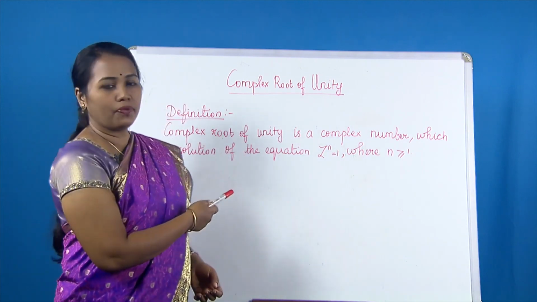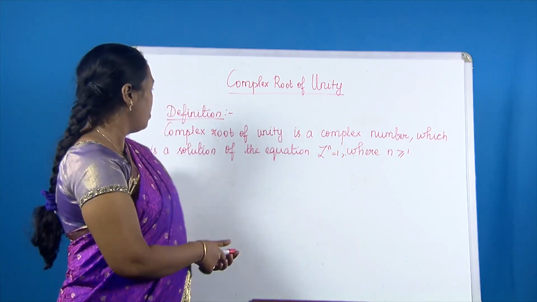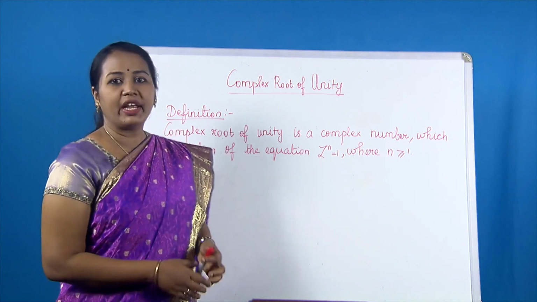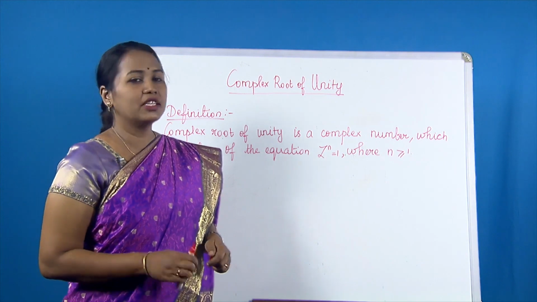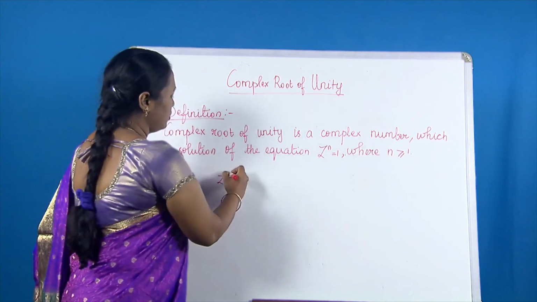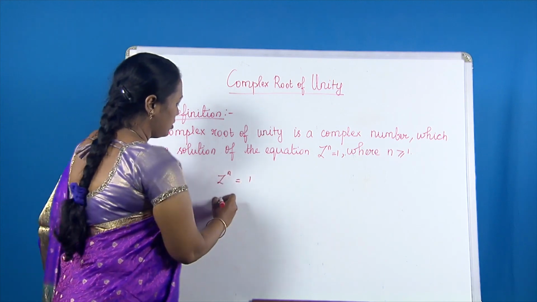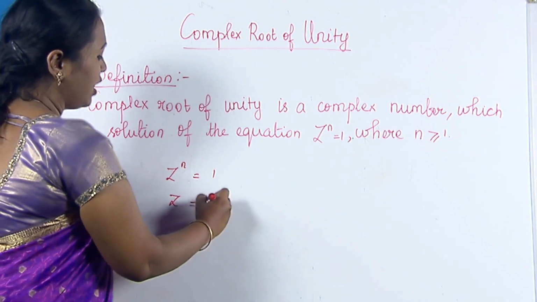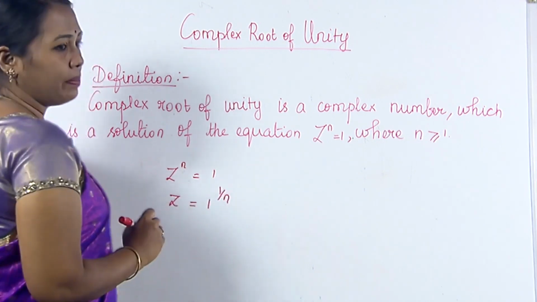The complex root of unity is a complex number which is a solution of the equation z power n is equal to 1, where n is greater than or equal to 1. Let us solve this equation. So, z power n is equal to 1 can be written as z is equal to 1 power 1 by n.